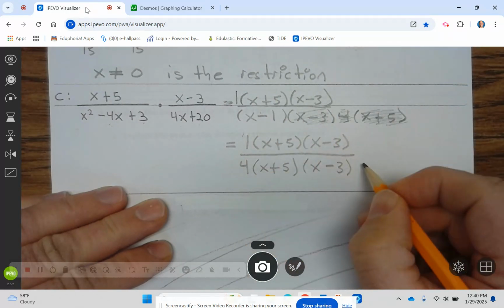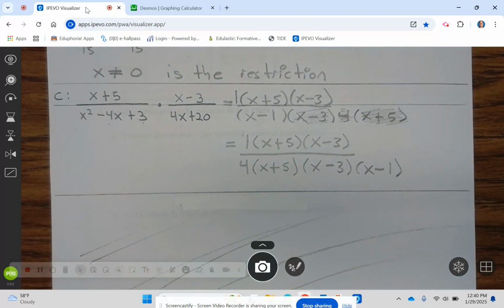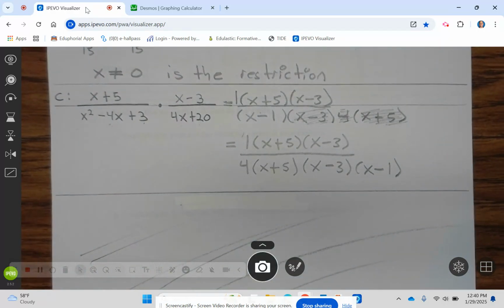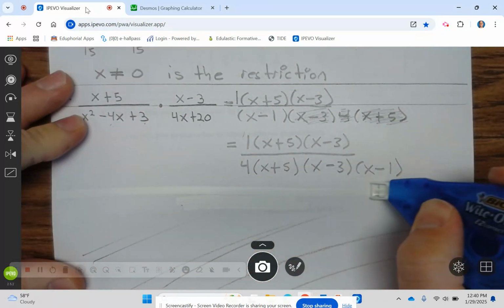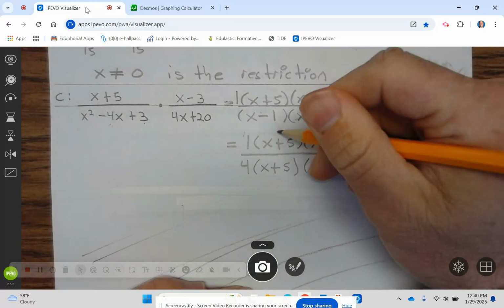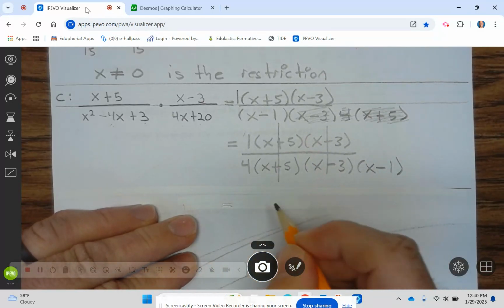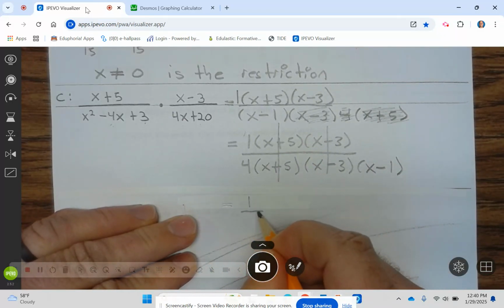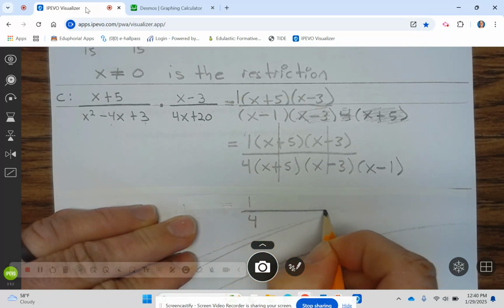And the only thing left in the denominator is x minus 1. And the reason I did that is because anything divided by itself is 1. So this is 1, 1, so you're left with 1, 4 divided by x minus 1.